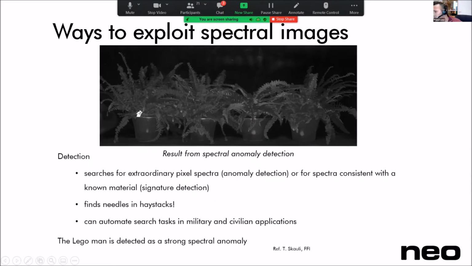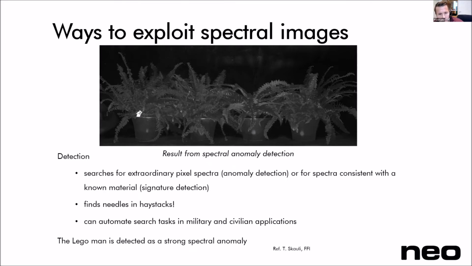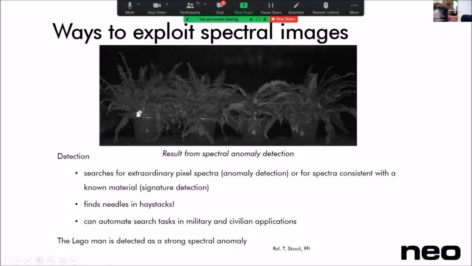You can also exploit it in a different way, for example, which is, Torben Skavle is working for FFI, which is a very relevant application for them, anomaly detection, looking for spectral signatures that are unique from the background. And if you run RX anomaly detection on this image, the intensity in this grayscale image is the probability of the pixel being part of the background or not.